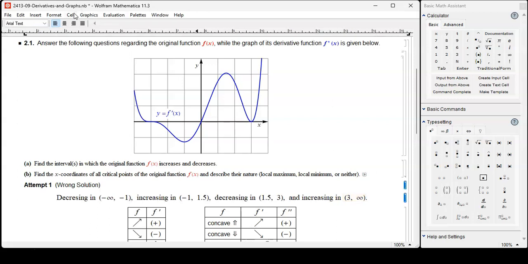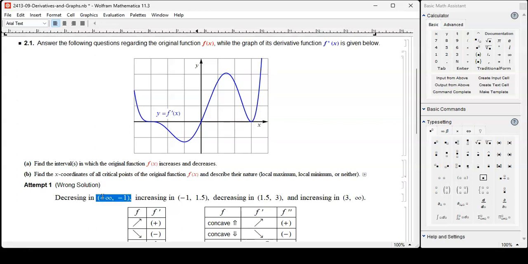This kind of answer is very common, and I'm afraid if you do this, you're gonna get automatic 0. This graph is the graph of the derivative function. You answered completely about the derivative. This graph decreases from negative infinity to negative 1, increases from negative 1 to 1.5, decreases from 1.5 to 3, and increases from 3 to infinity.